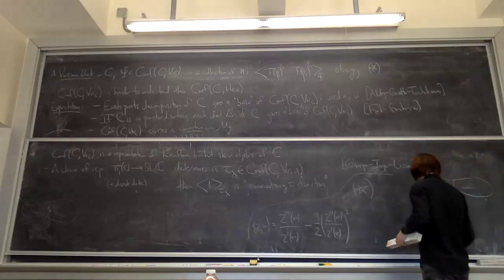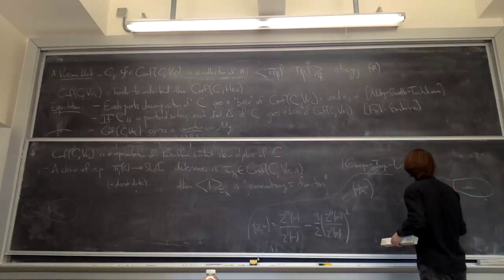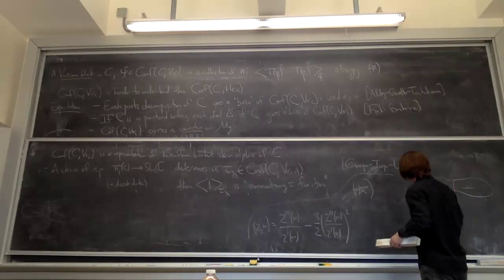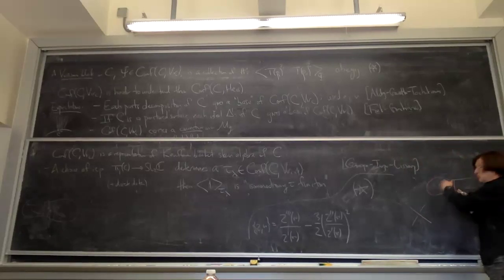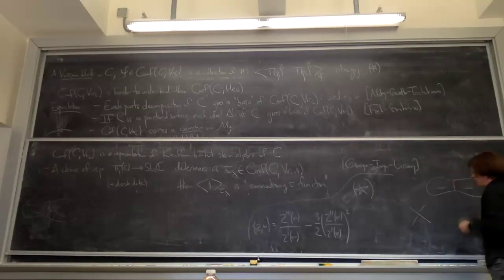And the product law, now I won't write it exactly right, but the product law is something like, I'll draw it like this. If I have two loops that don't cross, they do commute. And if I have two loops that cross, then they don't commute.